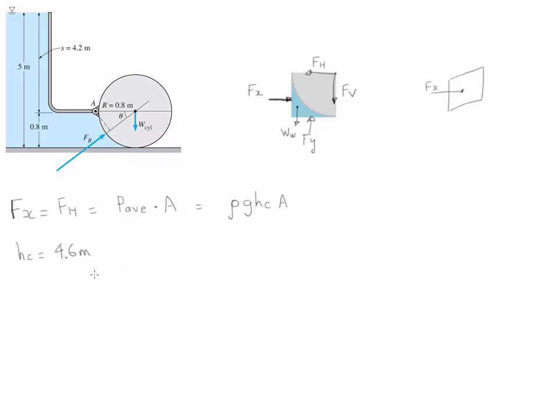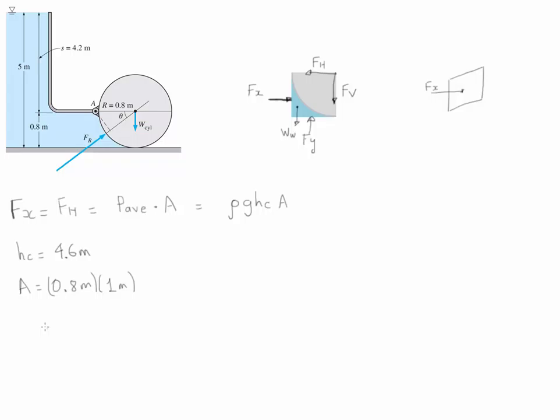Once we have that, we notice that this pressure is acting upon, once again, this cross-sectional area, and that is simply going to be equal to 0.8 meters, and we're going to take it to be 1 unit length in depth.